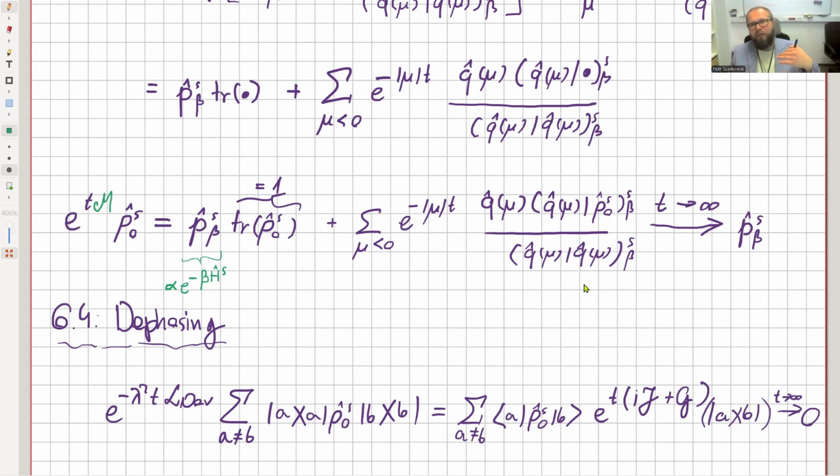And we wanted to deploy our methods of open system theory to observe the process of thermalization. That is, when the initial state of the system S over time goes to thermal equilibrium with the temperature same as the temperature of the bath, hopefully, right?